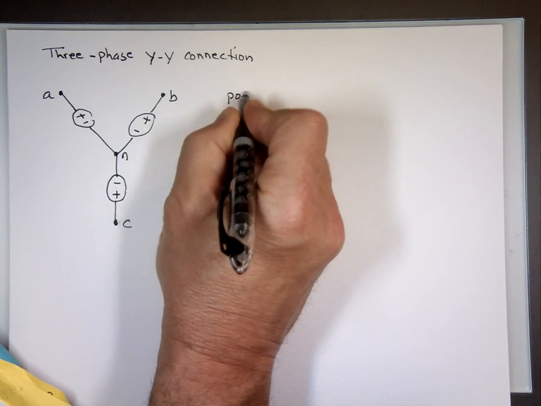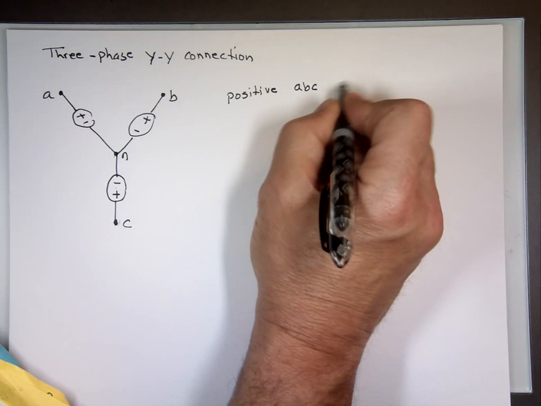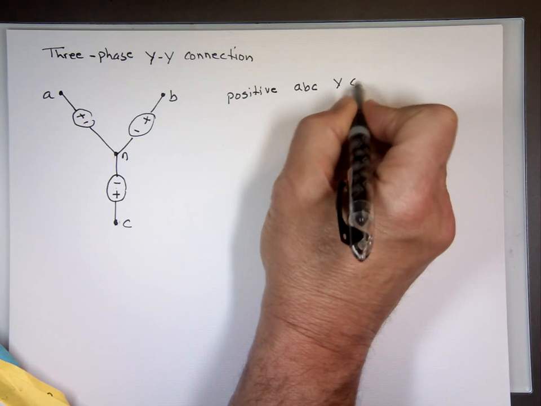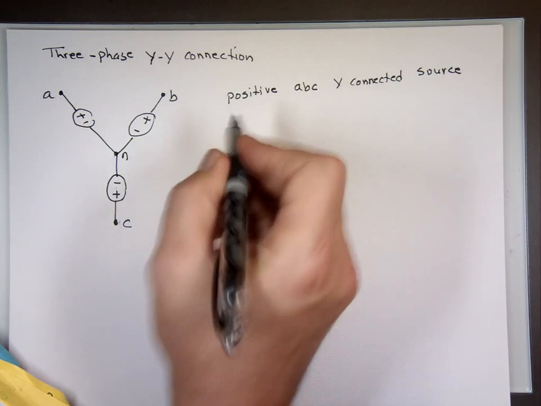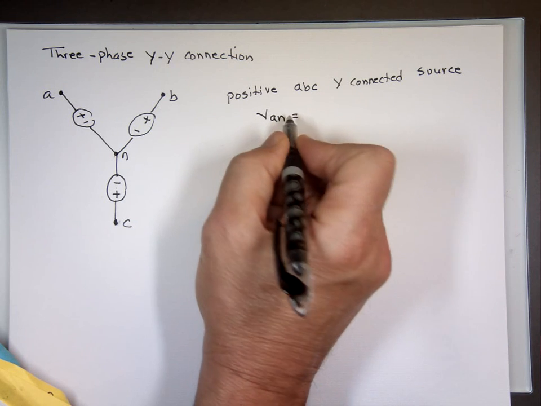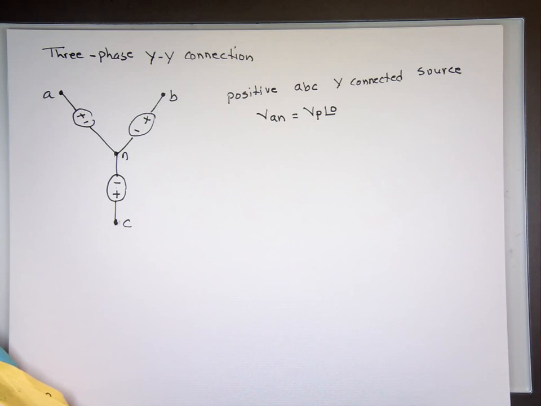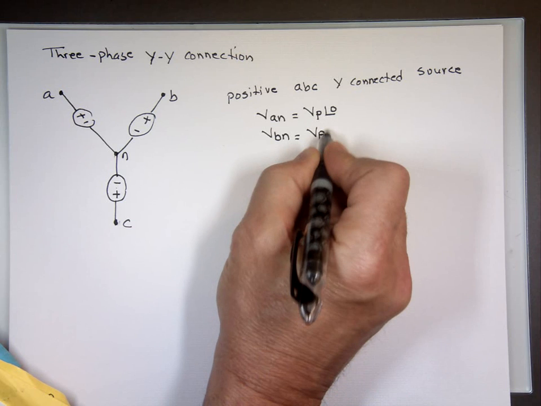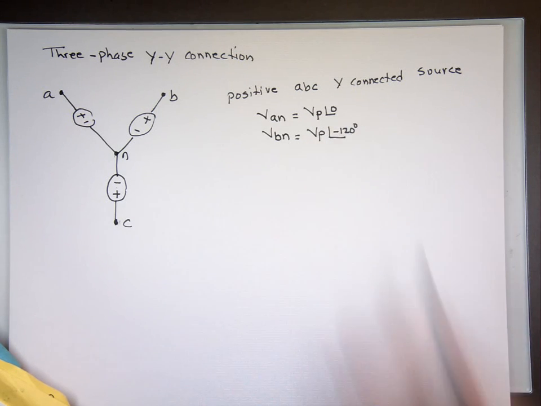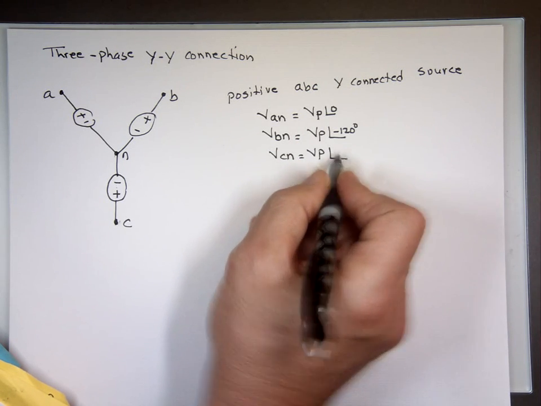When the book says positive ABC Y connected source, that means if VAN equals some peak value or RMS value, it doesn't really matter, angle 0, then VBN will be same magnitude, but the angle will be negative 120, and VCN will be VP angle negative 240.